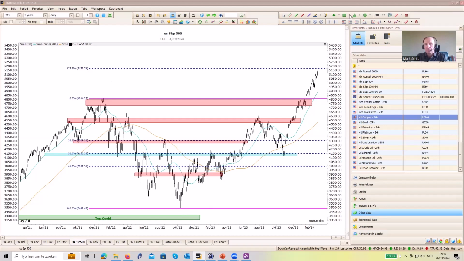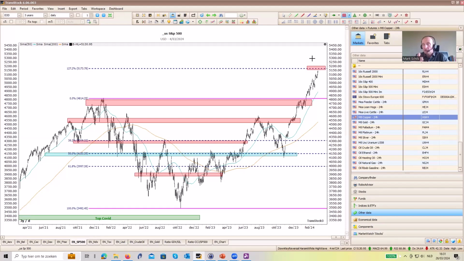So I can add a red rectangle around this zone. For the following weeks, it's possible that we see some resistance around that Fibonacci number, the 127 zone.